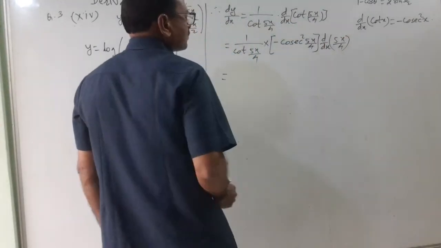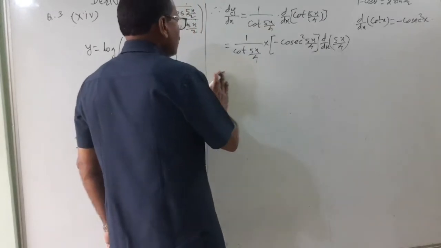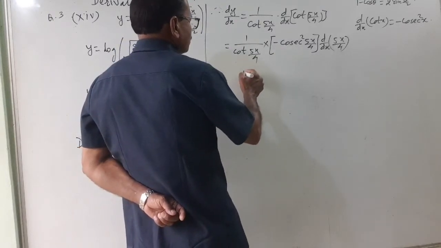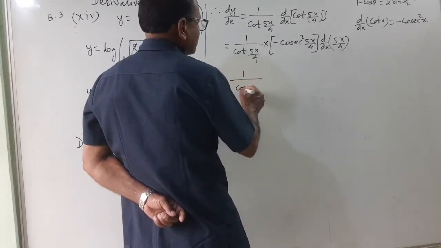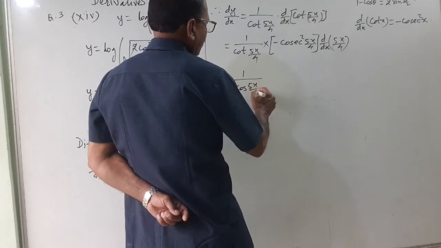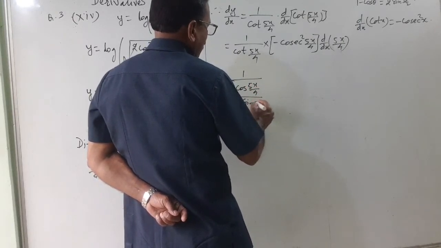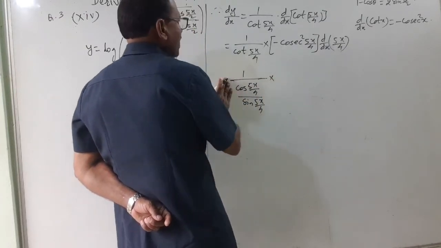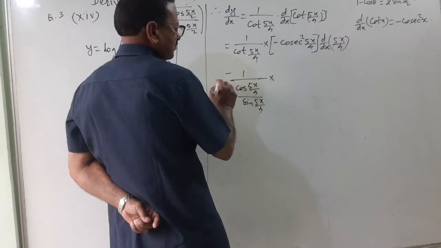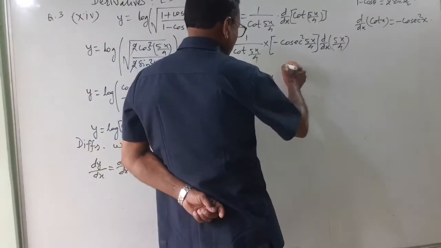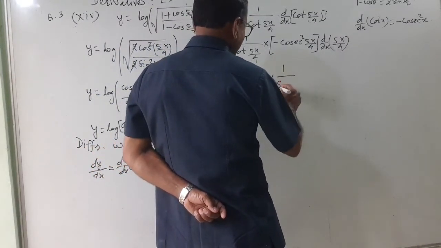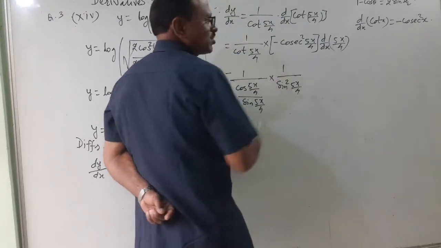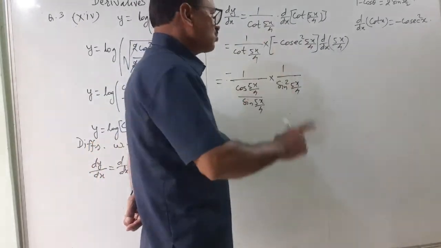This is equal to, cot means what? That also we can use. 1 upon cot means cos upon sine. Cos of 5x upon 4 upon sine of 5x upon 4... into this minus sign, I will give it here. Cosec square means 1 upon sine square 5x by 4. 1 upon sine means cosec.